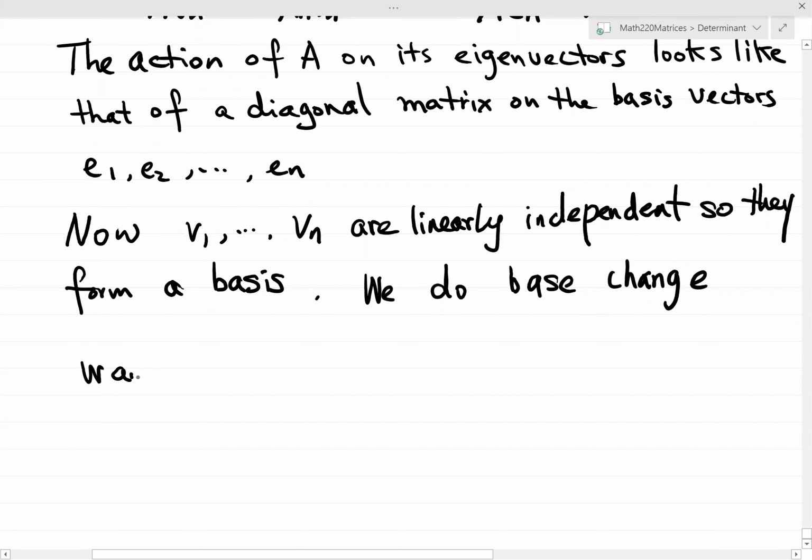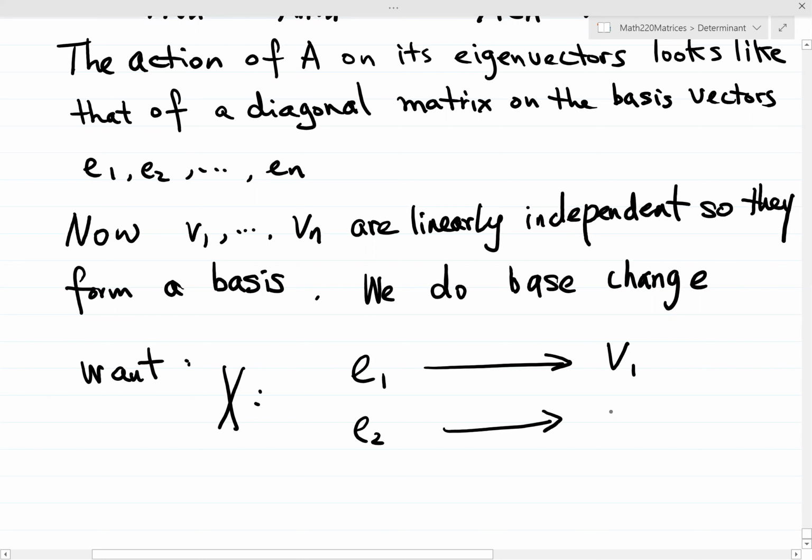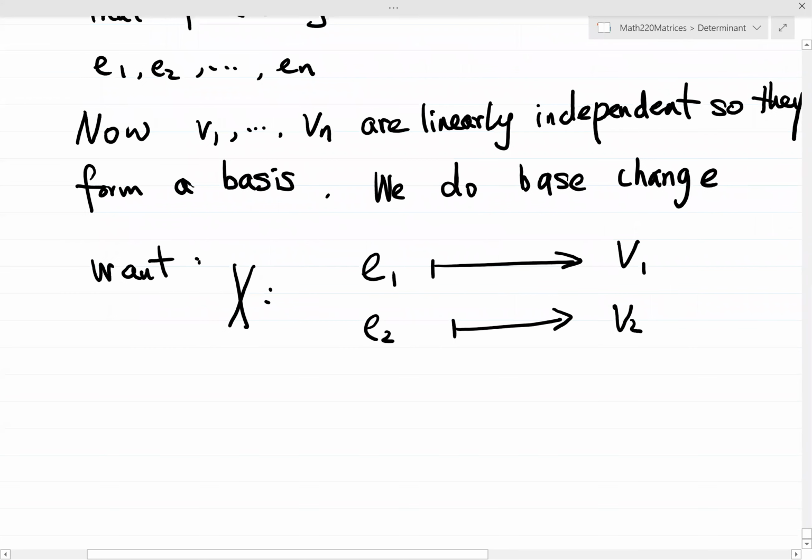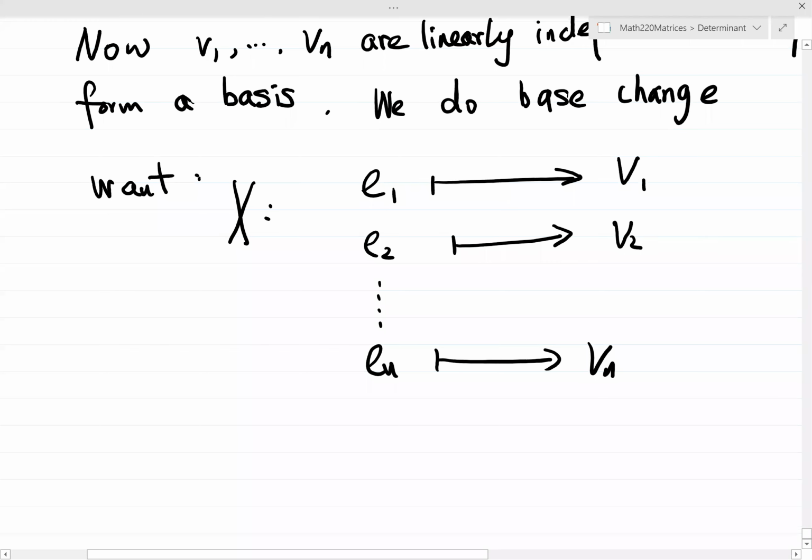We want a matrix X such that when we plug in E1, we get V1; we plug in E2, we get V2; and we plug in En, we get Vn. Remember, for an n by n matrix, the images of E1, E2, ..., En are its column vectors.